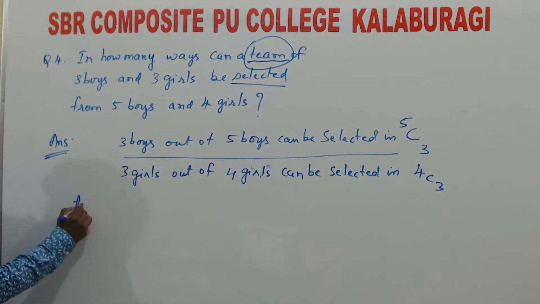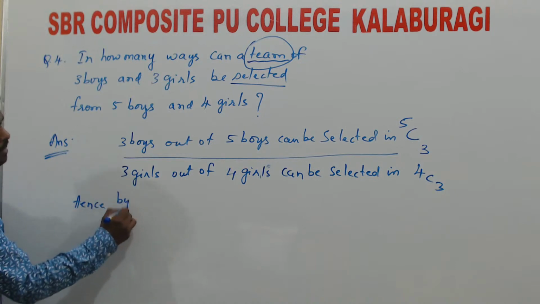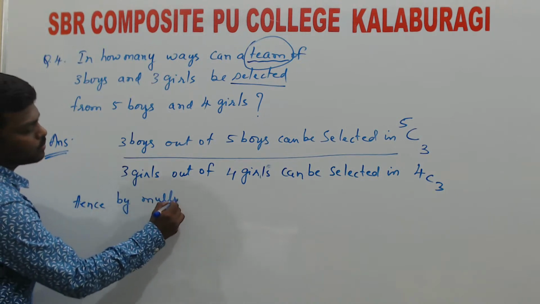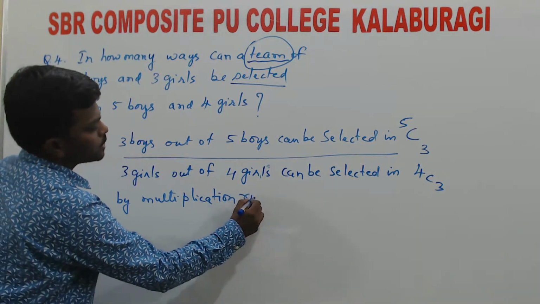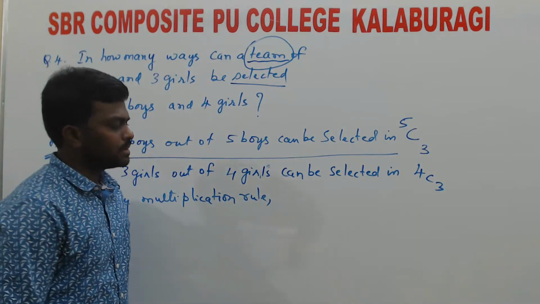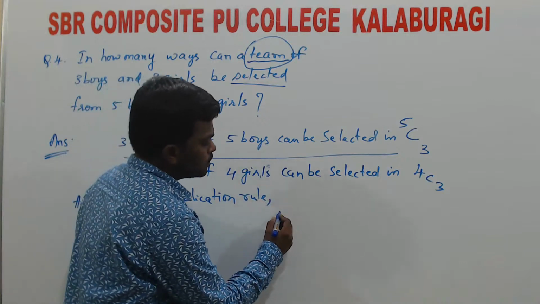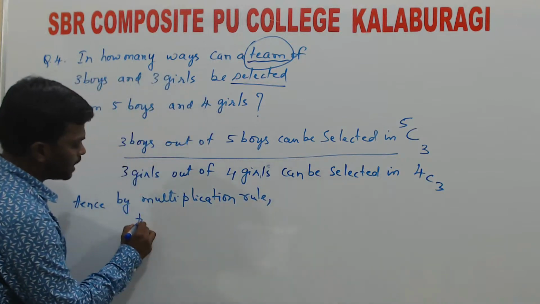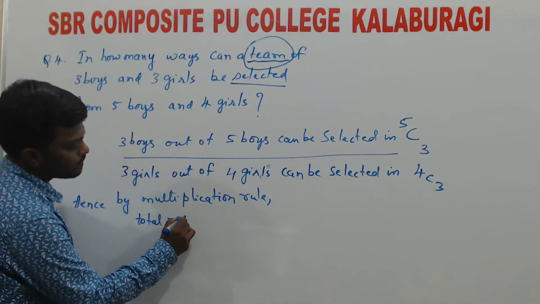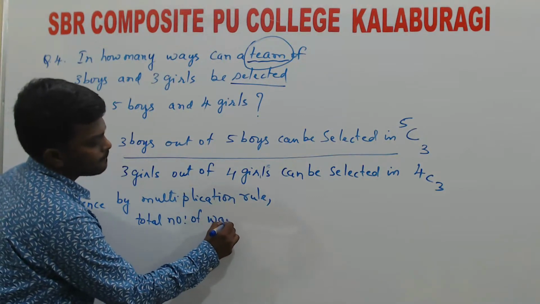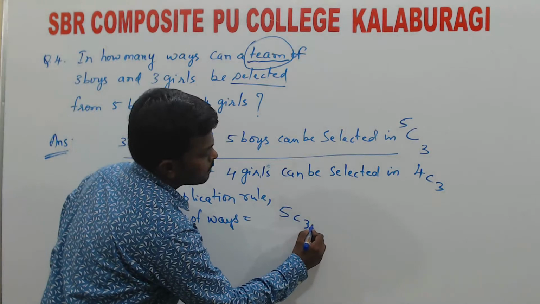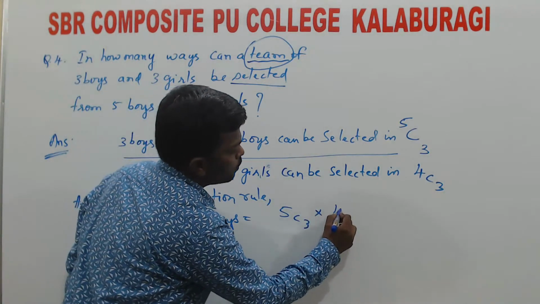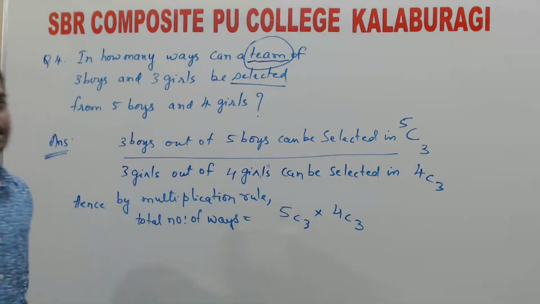Hence, by the multiplication rule, the total number of ways in which you can pick the team is 5C3 into 4C3. Is that clear?